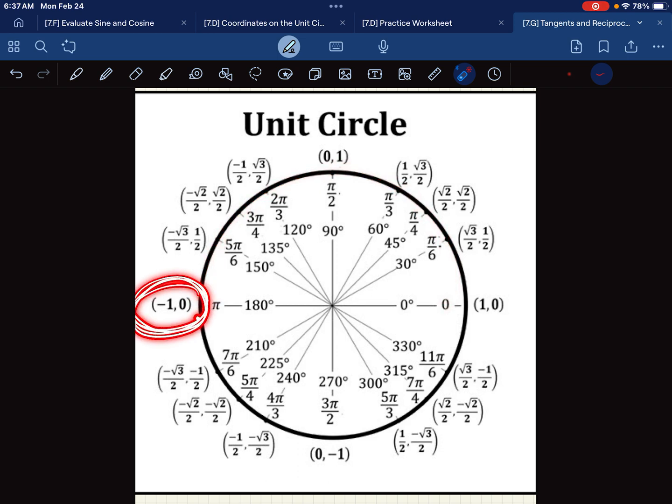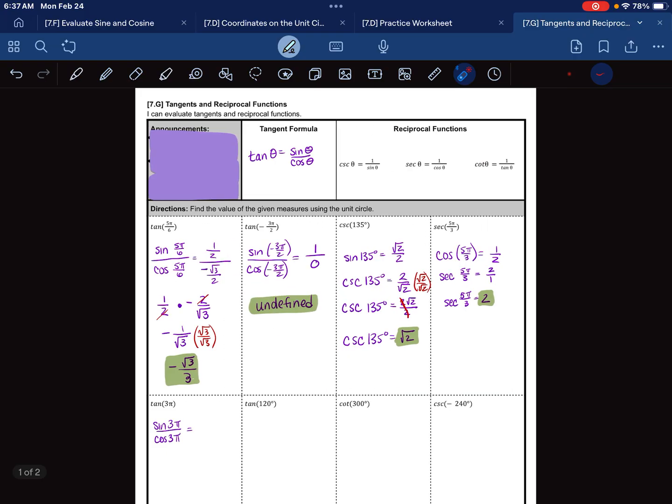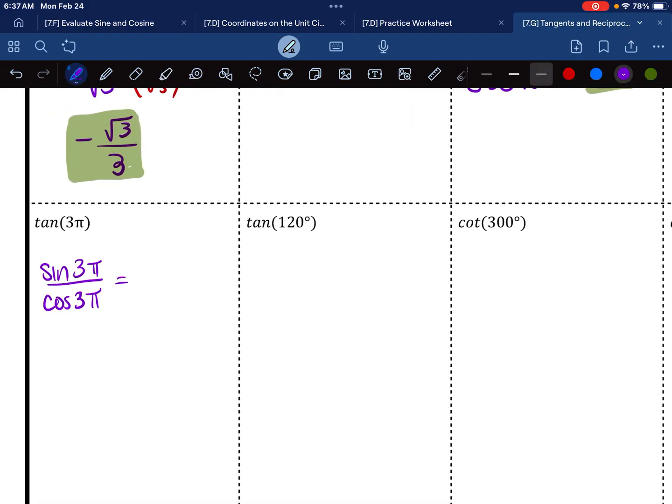Okay, so the sine here is 0 and the cosine is -1. So the tangent of 3 pi then, which I probably should put those in parentheses, 0 divided by anything is 0. So that actually simplifies really well.